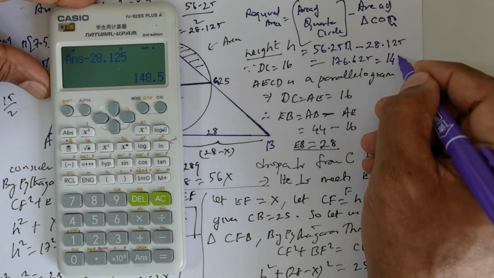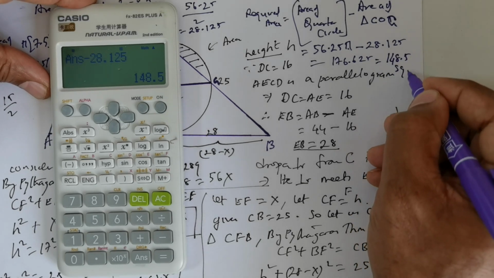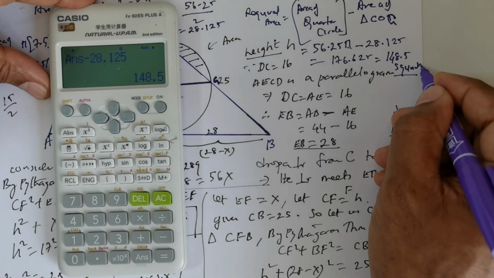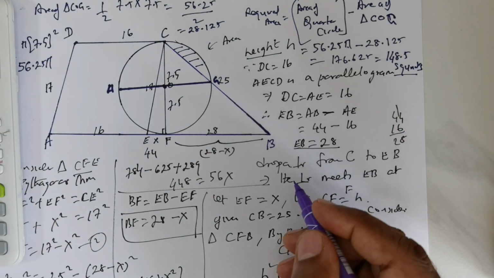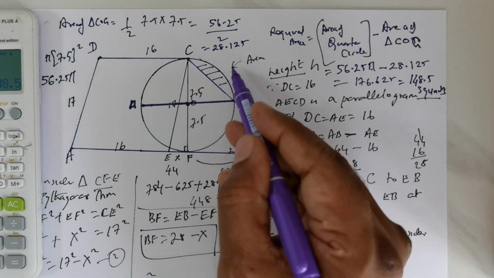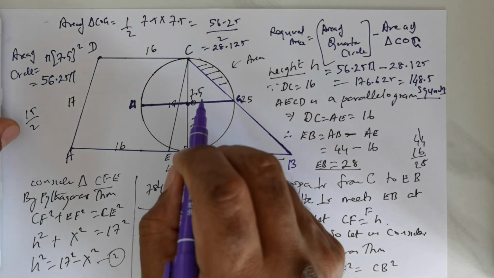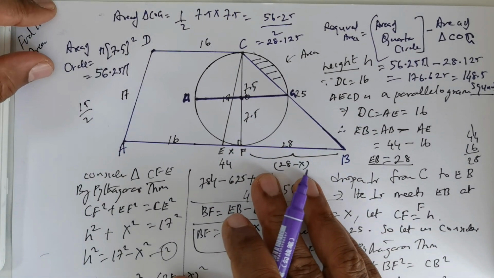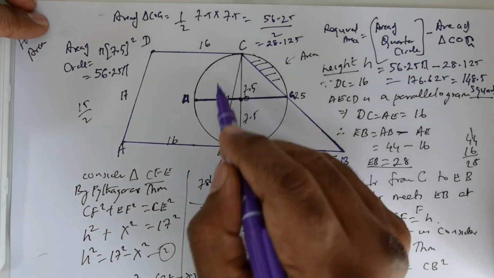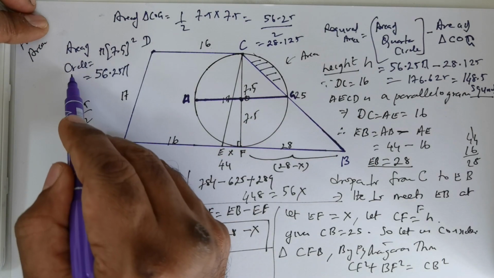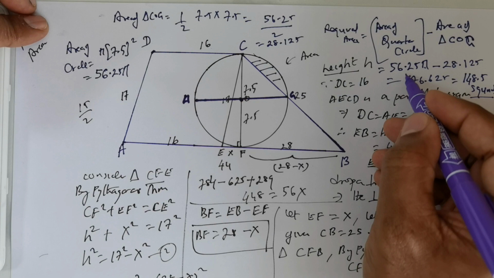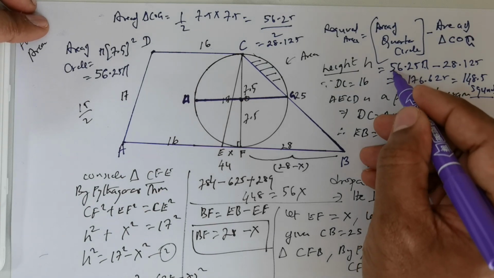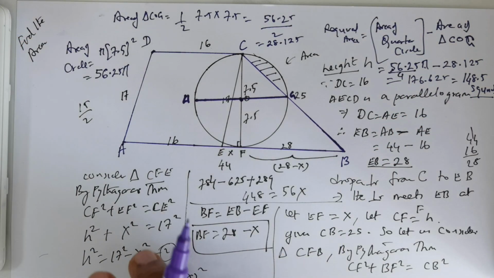I get 148.5 square units. So that is the required area. So what did I do? Oh, there is a small thing that we need to look into. This is the area of the circle, but this is not the area of the quarter circle, right? So I need to divide by 4.